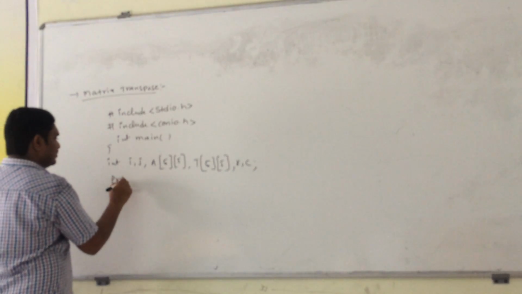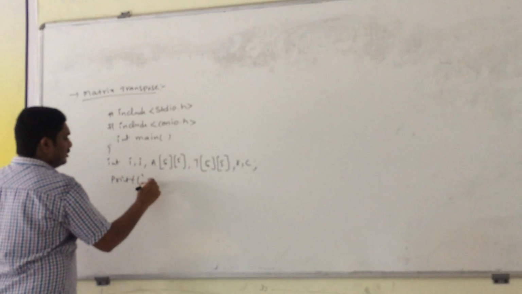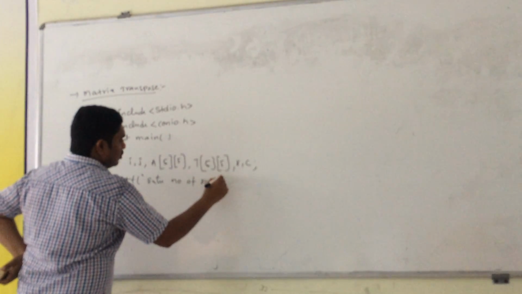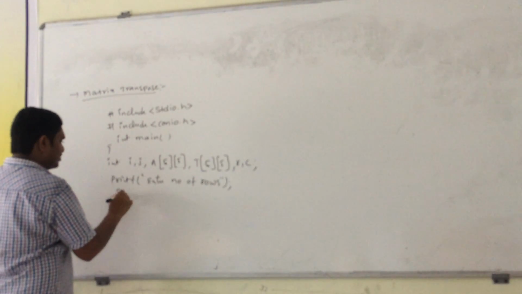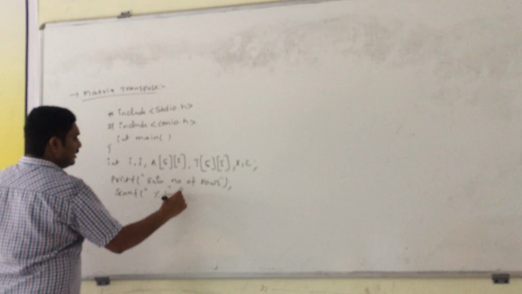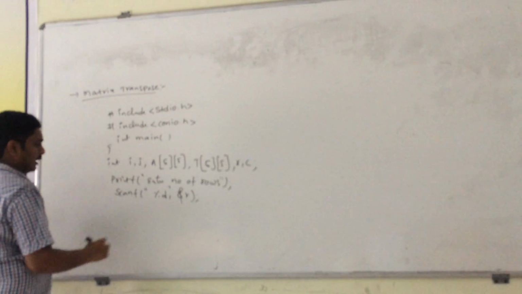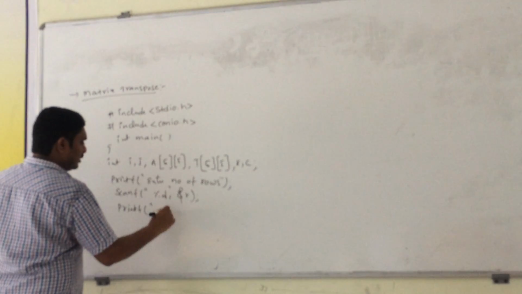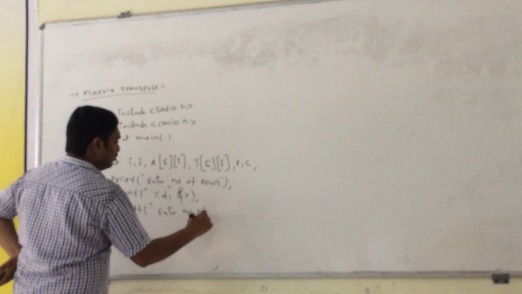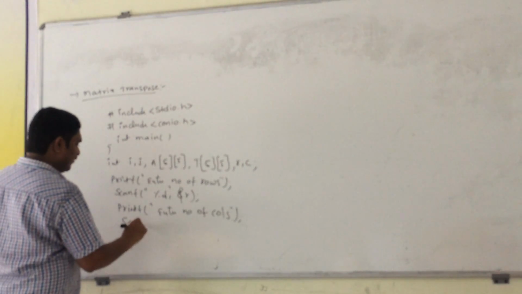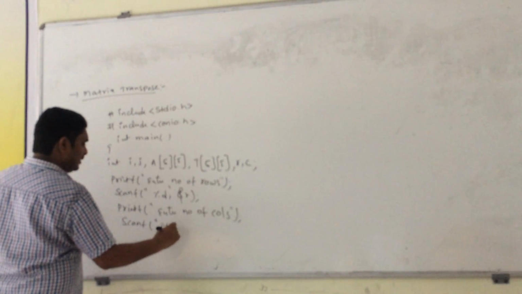For this, first printf enter number of rows. So I am scanning the result, scanf %d into variable r. Next, printf enter number of columns, scanf %d.